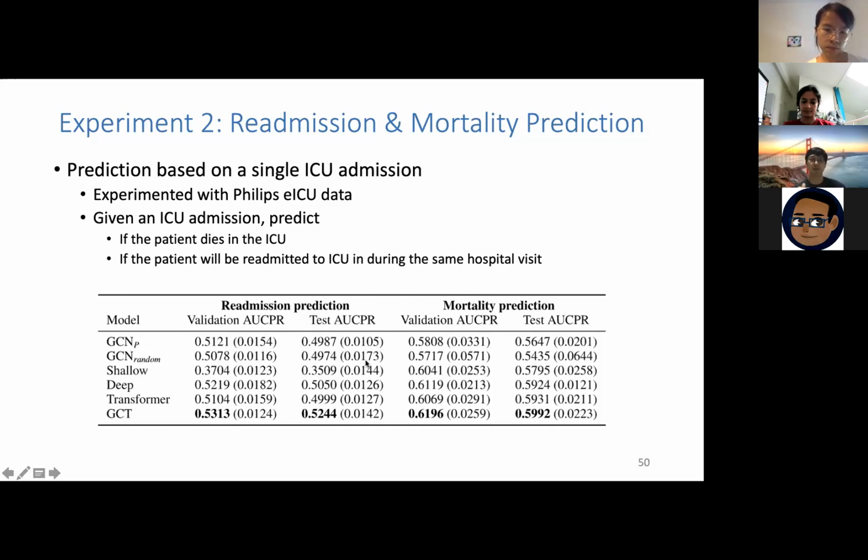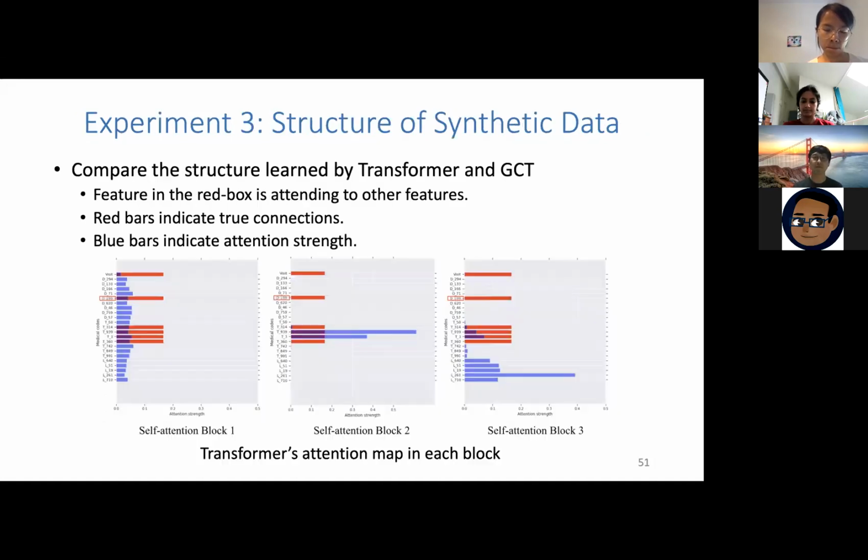But for readmission, there's a non-trivial gap. So you can assume that different prediction tasks require different levels of graphical knowledge. Maybe for mortality prediction, you can just simply sum all the relevant information up and then make a prediction, and that's okay. But for readmission prediction, maybe you need to learn the hidden relationship between the codes.